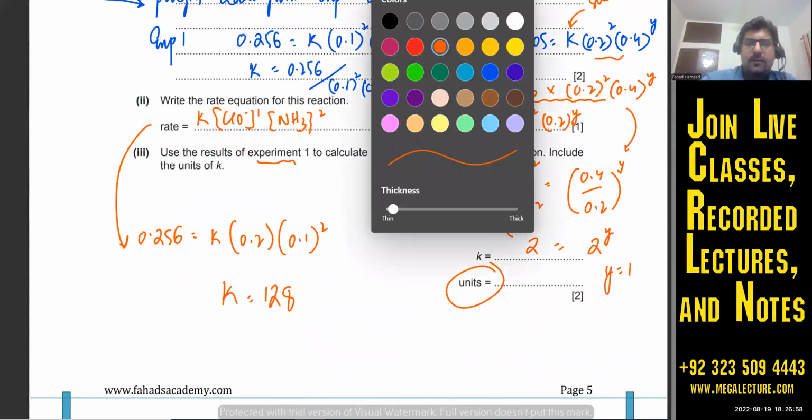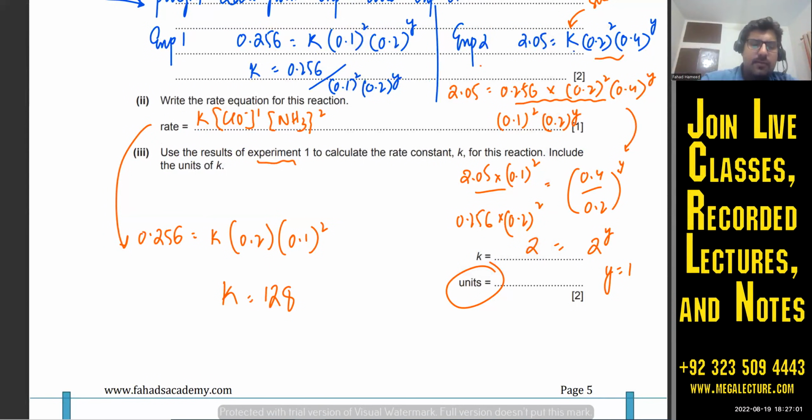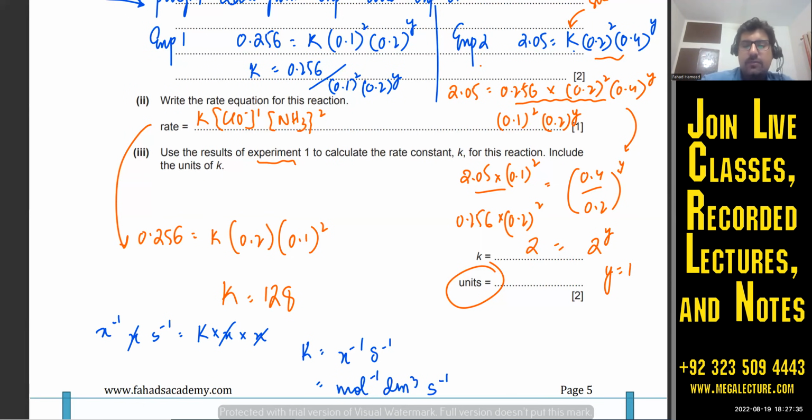I'm going to take mole per dm cube as x, is equal to k times ClO minus 1 concentration, that's x, into NST concentration squared, that's x squared. So one of the x will get cancelled out, the other x goes to the other side, so that's x minus 1. So k equals x minus 1, s minus 1. What was x? x was mole per dm cube, so it's mole minus 1 dm3 s minus 1.